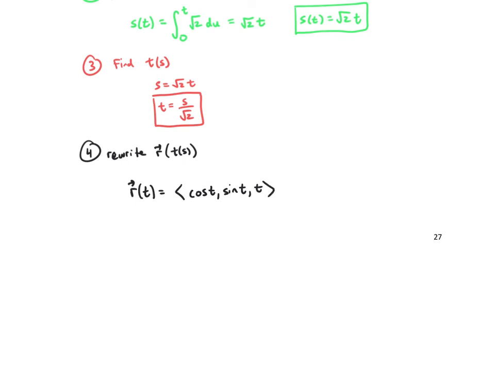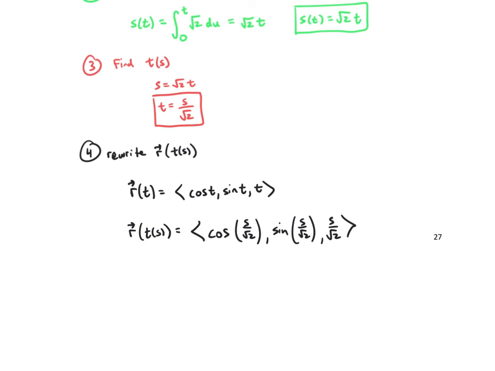And all we're doing is taking t equal to s divided by square root of 2, and we're going to substitute that in for all the t's in this equation. So r of t of s is equal to cosine of s over root 2, sine of s over root 2, and then the last component would just be s over root 2. And that is the vector function defined now by arc length.